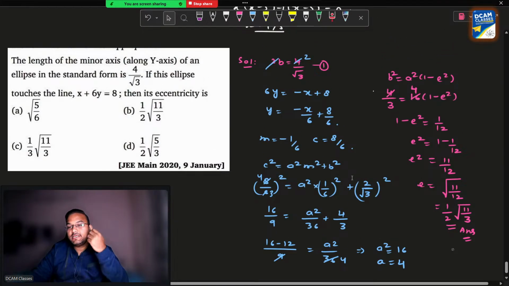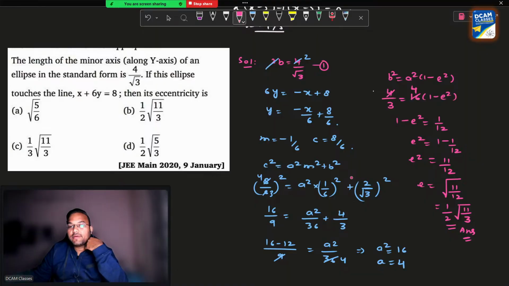The rest all was easy because using this relation you can find out a square easily. After you get a square, the rest all things are very easy. We try to solve this one.